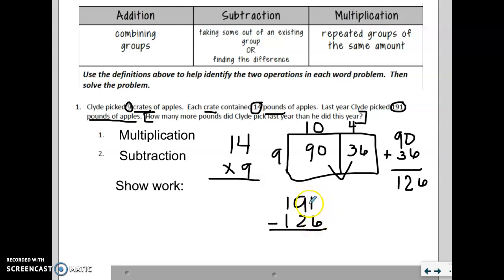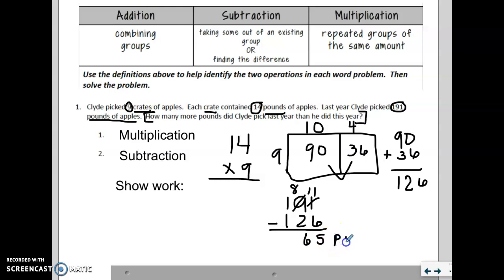1 minus 6 I can't do, so I'm going to borrow from the 9. I'm going to make that an 8, and then this will become an 11. So 11 minus 6 is 5, and then 8 minus 2 is 6, and 1 minus 1 is 0. So last year, it looks like he picked 65 pounds more.